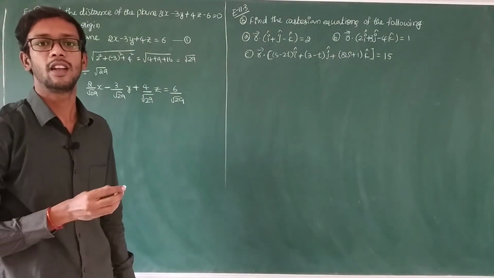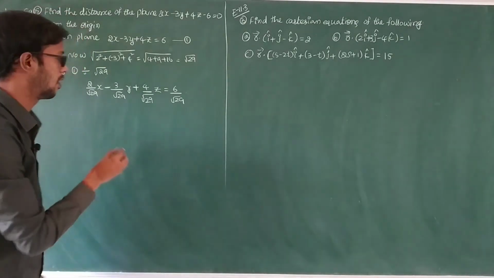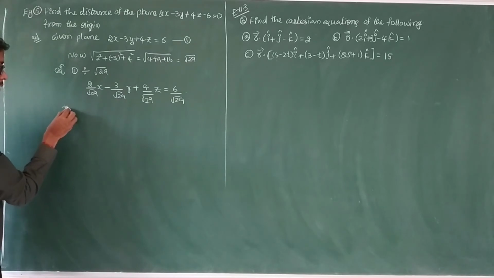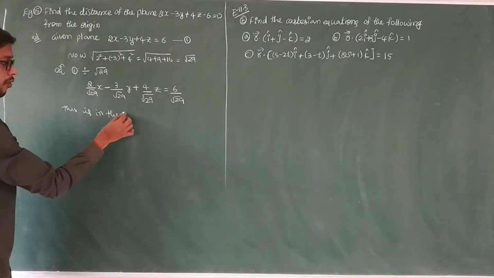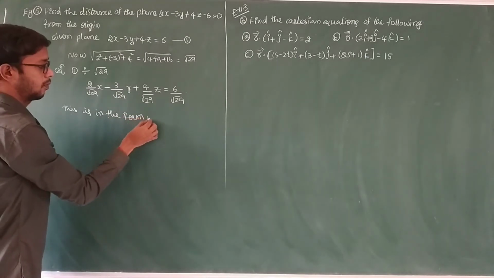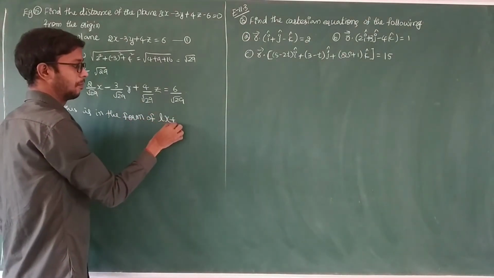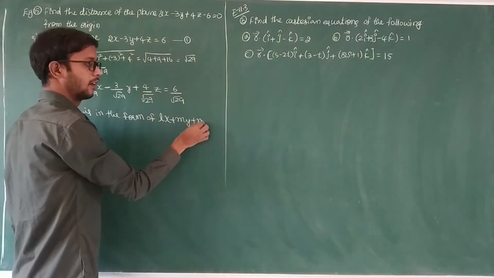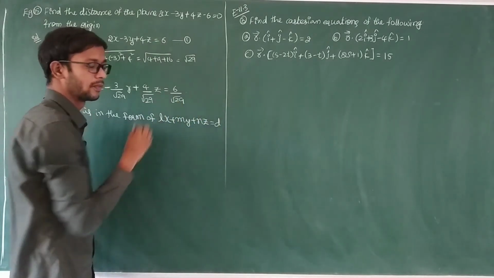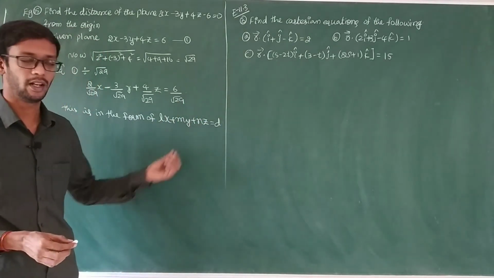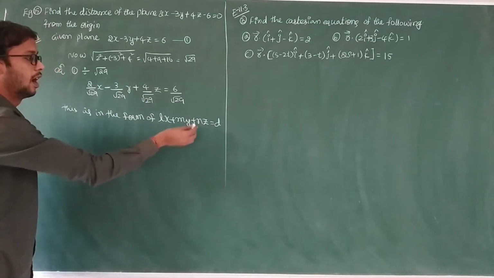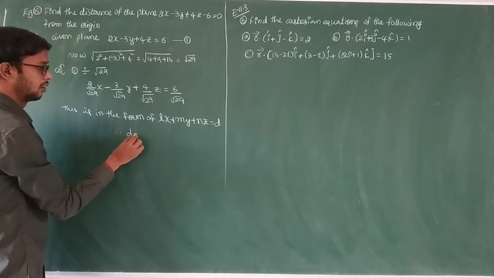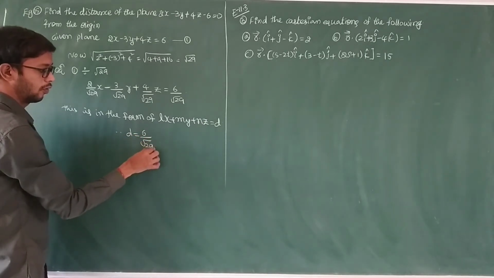What is the Cartesian equation of a plane in normal form? It is in the form lx plus my plus nz equal to d. l, m, n are the direction cosines, and d is equal to 6 by root 29.